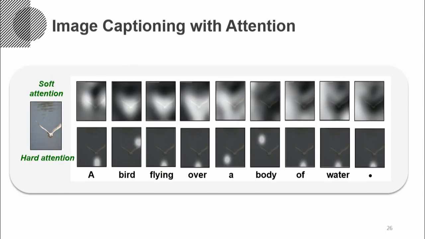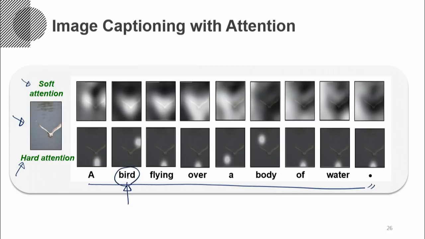Let's look at this example. Given this image, suppose this was a machine generated caption. There are two different models called soft attention and hard attention, but let's ignore the difference between these two. They are just different attention models with minor differences.